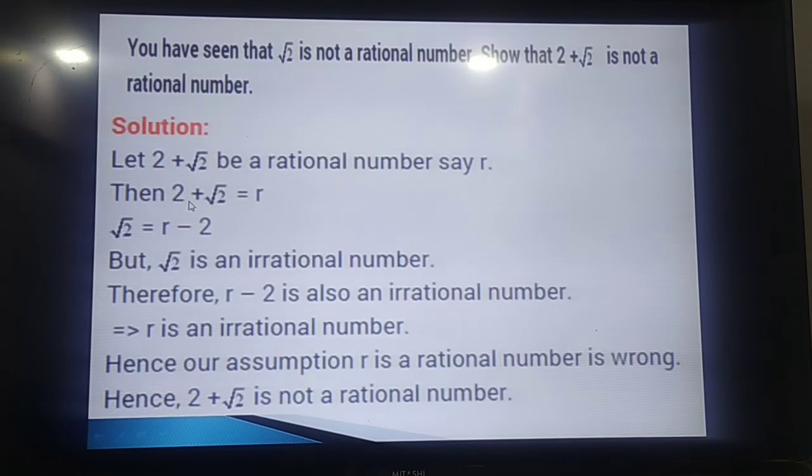If we transpose this 2, then what happens? Root 2 equal to r minus 2. You know that r is rational and 2 is rational, which means one side of this equation, r minus 2, becomes rational, and root 2 is irrational.